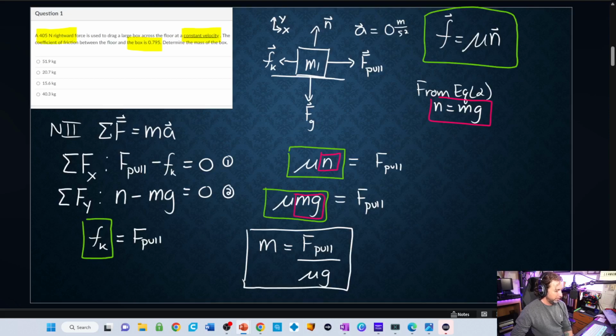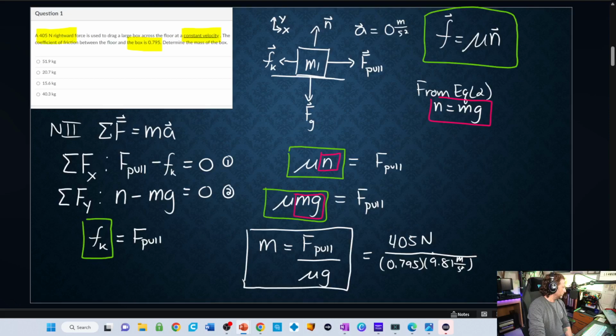Yes, it's 405 newtons, divided by mu, which we know is 0.795, and g is 9.81 meters per second squared. So what are we left with over here when we do this?